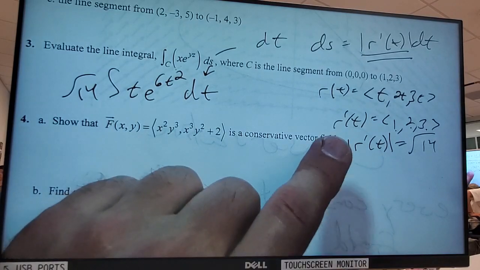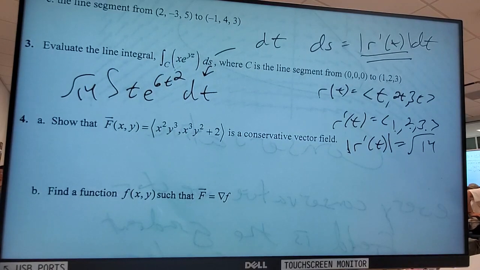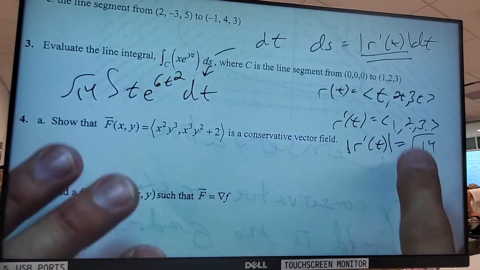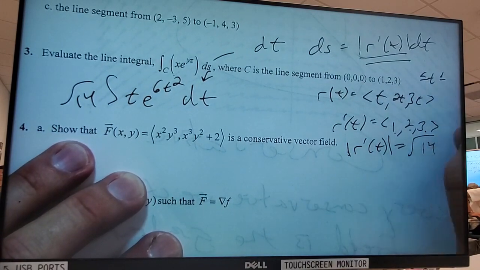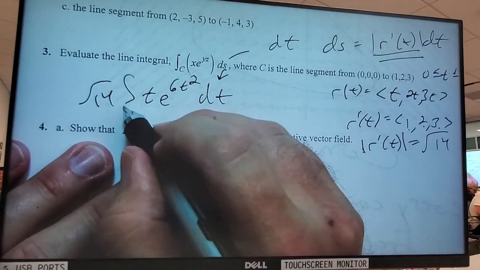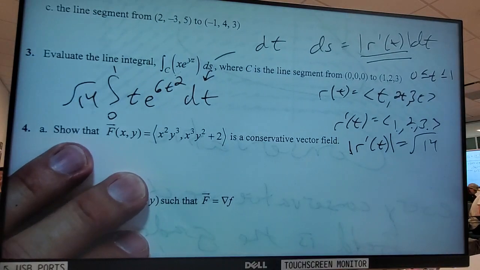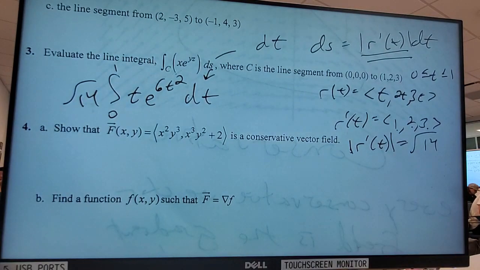Let me stop. Oh yeah. From right here, what's t going from to? Yeah, 0 to 1. If you follow that process, you see how we just did the same thing we did for this last problem. It just was easier because the first point was 0, 0, 0.